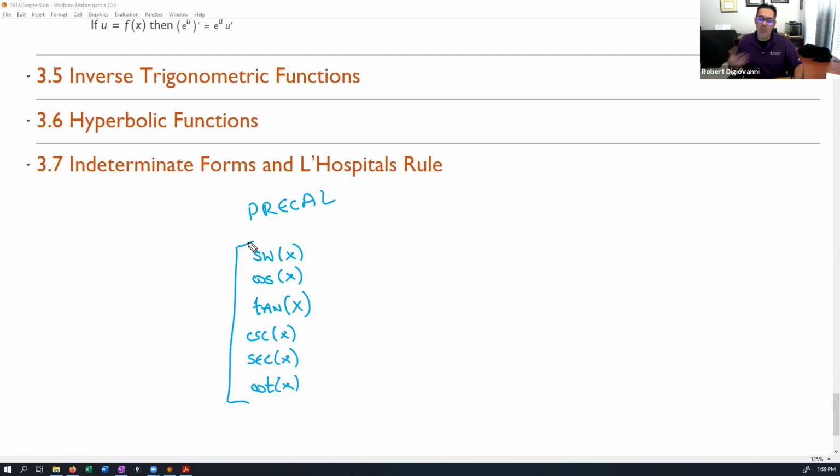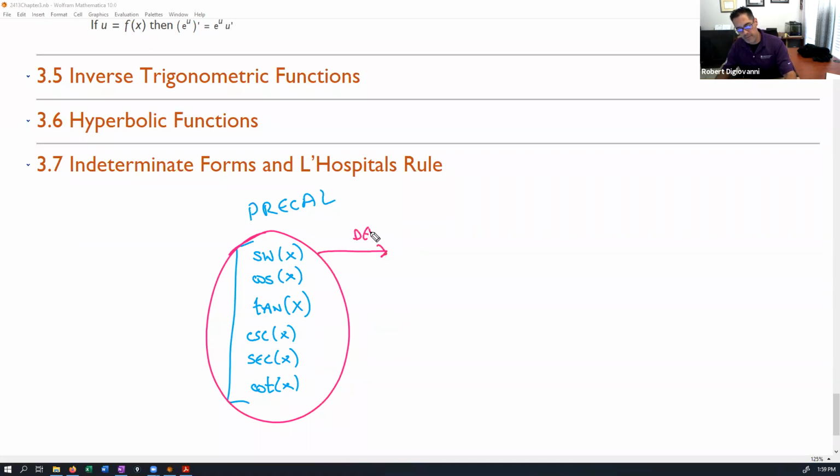What we've done in this class is we've now said, look, we know the derivatives of all of these. When you take the derivative of sine, you get cosine. When you take the derivative of cosine, you get negative sine. When you take the derivative of tangent, you get secant squared x. And for each of these, we have derivatives, right? That's what we've learned here.